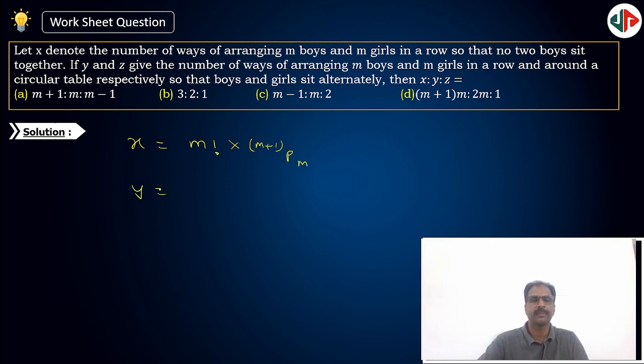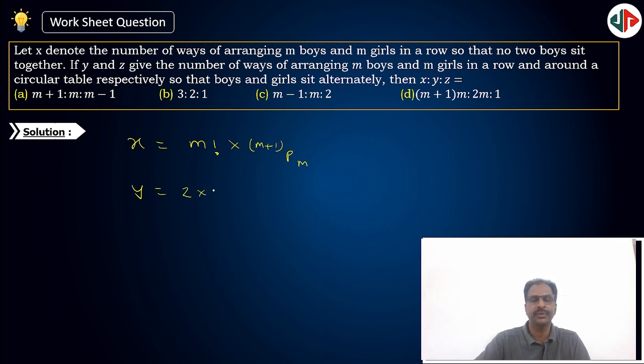And what is Y? Y gives the number of ways of arranging M boys and M girls in a row so that boys and girls sit alternately.